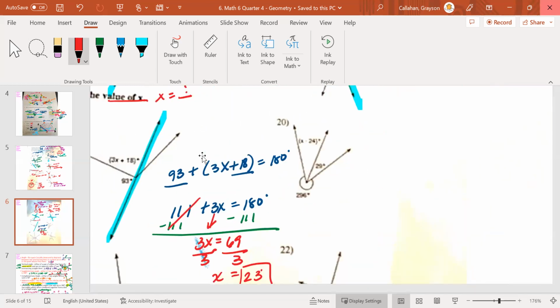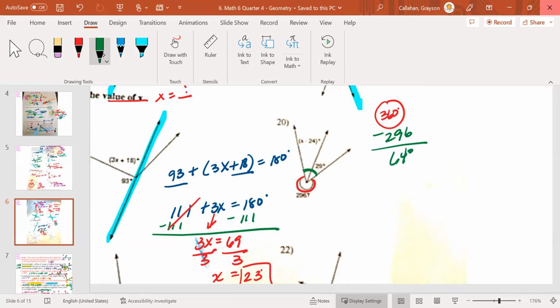For number 20, if this angle is 296, remember the whole circle is 360 degrees, then this part that's left over, that's green right here, is 360 minus 296, which is going to give you 64 degrees.